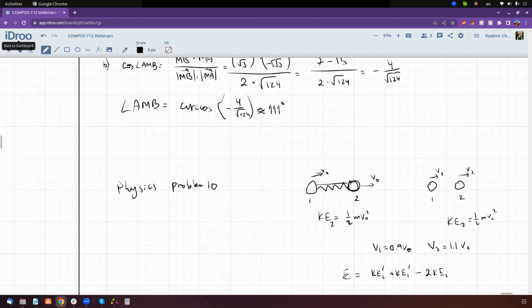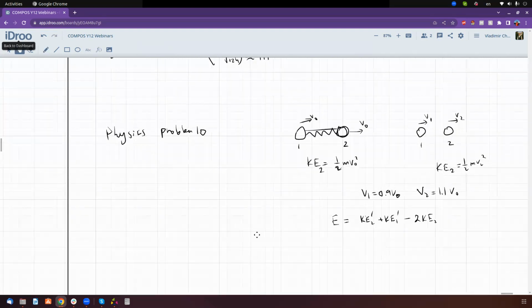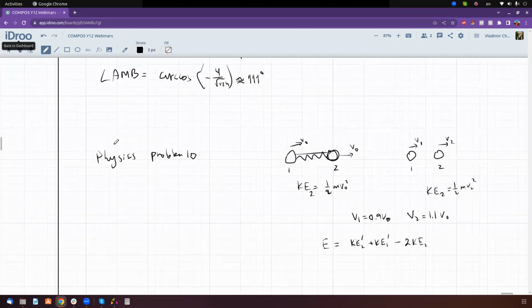That's the energy stored in the spring. And if they're stationary, you will see a different change in kinetic energy, which is quite fascinating.